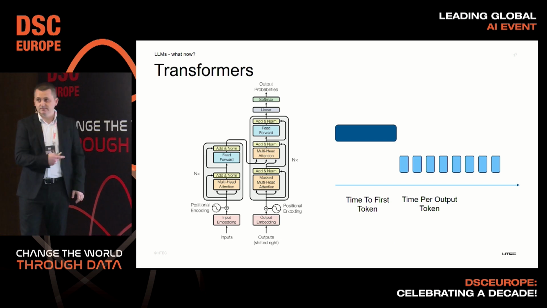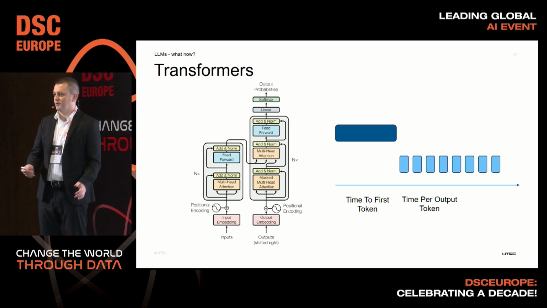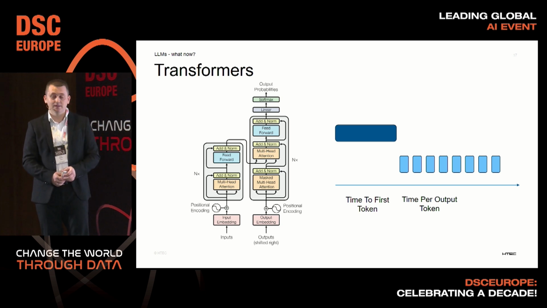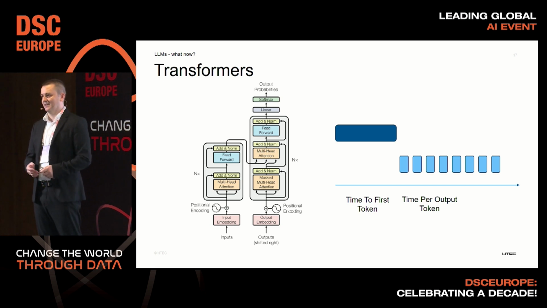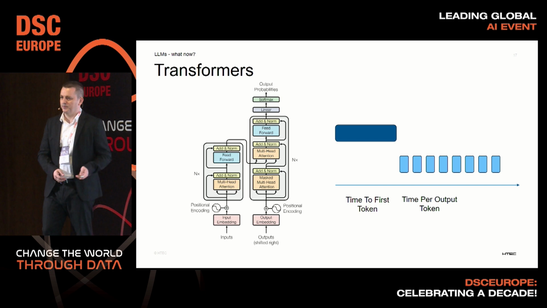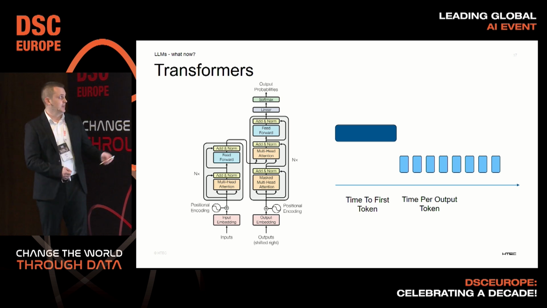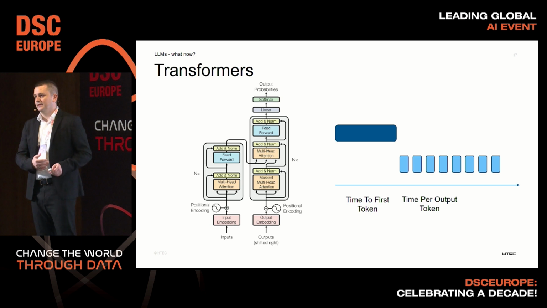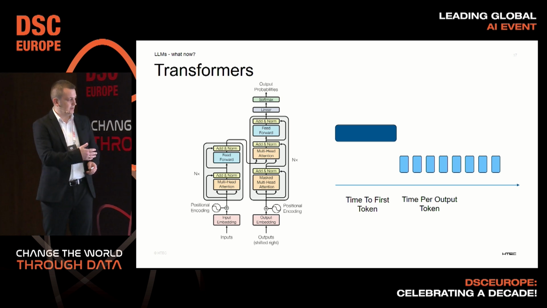This diagram on the left side is probably the most important one that you could spot in the last few years. It is from the paper Attention Is All You Need, and shows the architecture of the transformer.